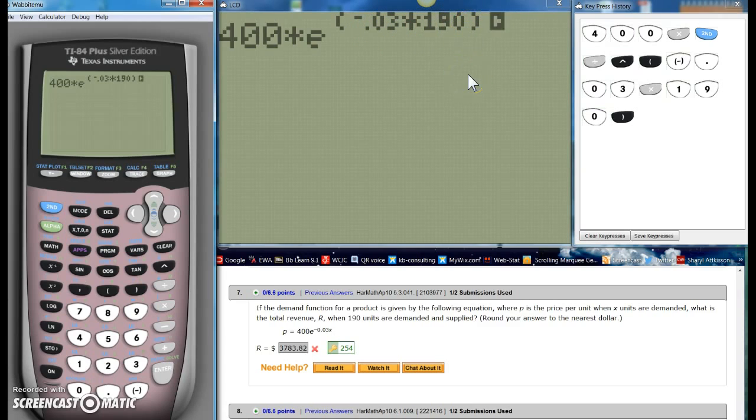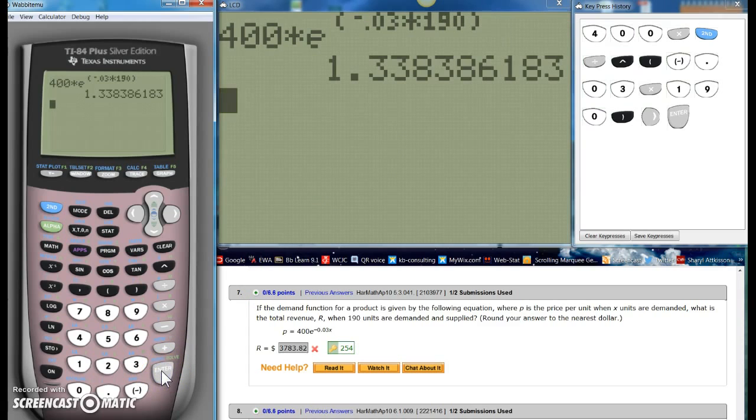Now we don't have anything else to add in here, so it doesn't matter that it's still flashing up. But if you have something else to add on, you have to click on the arrow to bring this back down to the level of the rest of the equation. From here we hit enter.